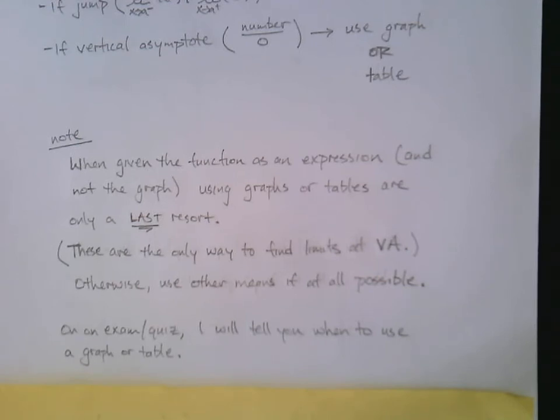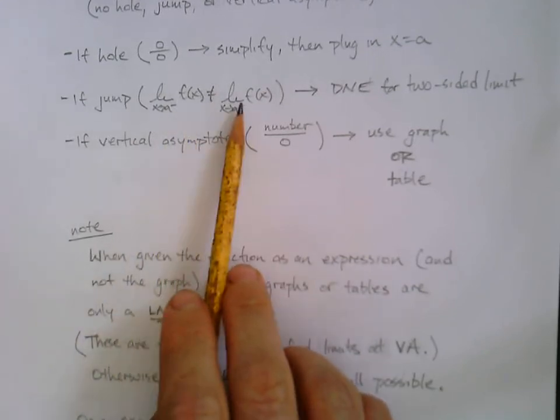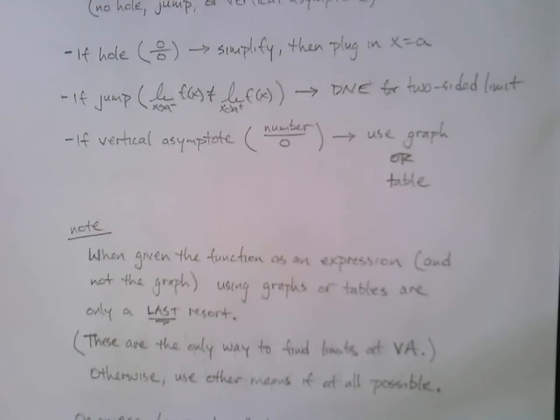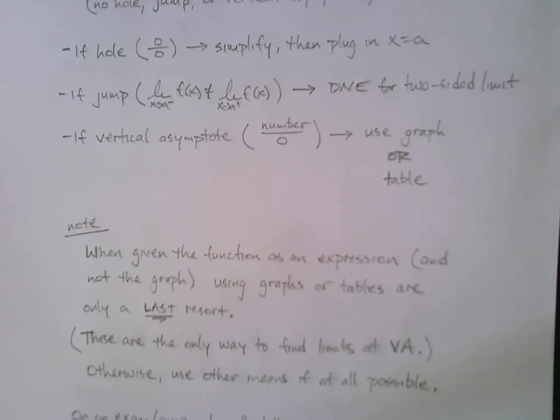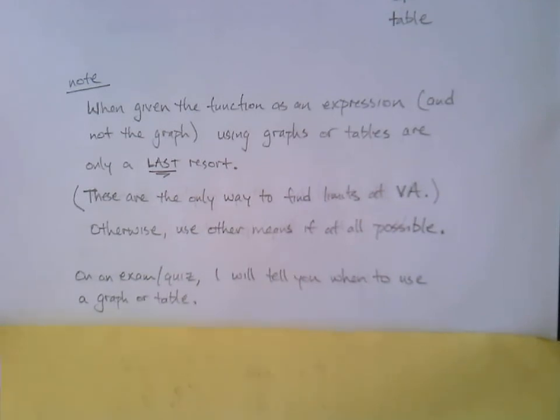These are the only way to find limits of vertical asymptotes we talked about. Otherwise, use other means if at all possible, and a lot of times that's going to mean simplifying. Sometimes, though, it may be the case for a jump. Maybe you need to show the left limit and the right limit don't equal each other versus creating a table for the left side and the right side. Only a last resort if simplifying or whatever is simply not possible.